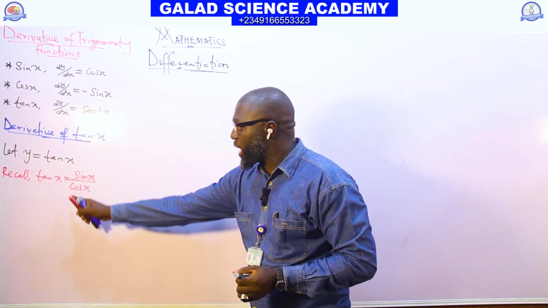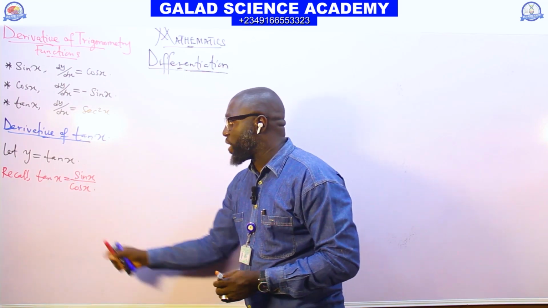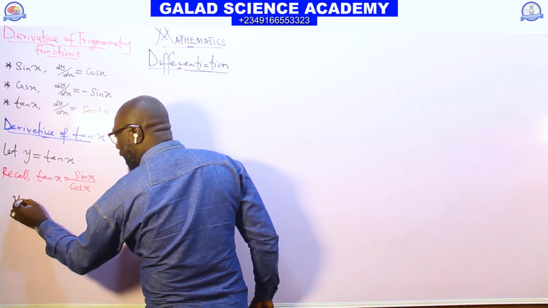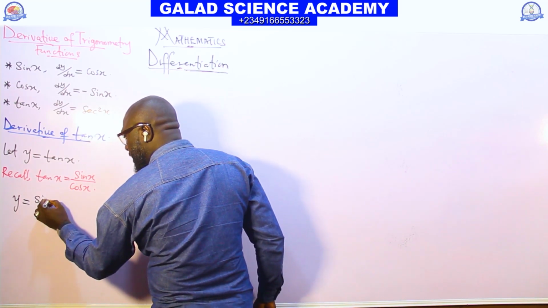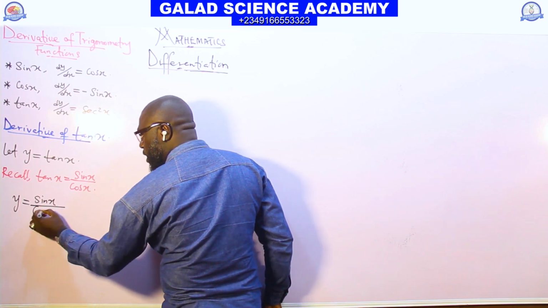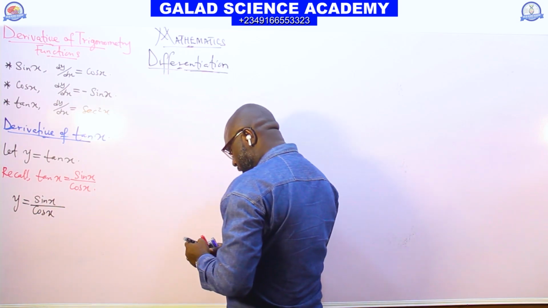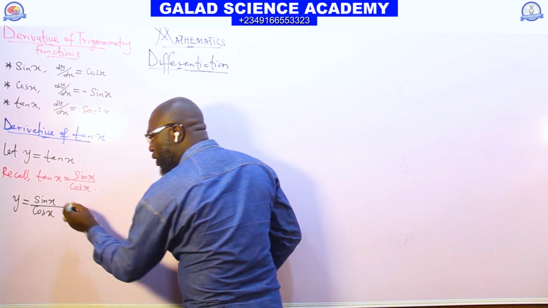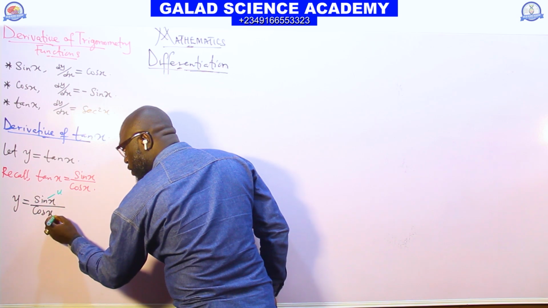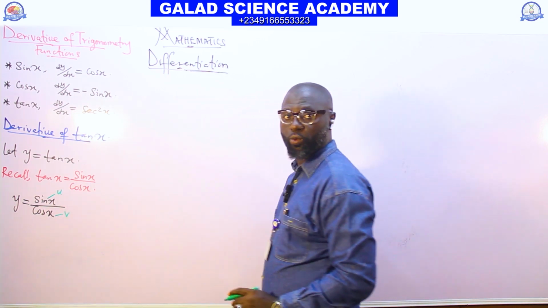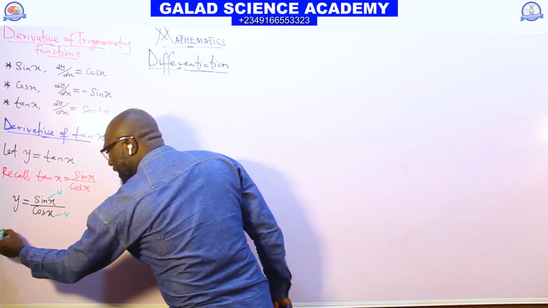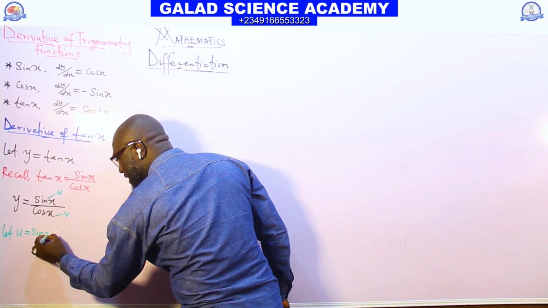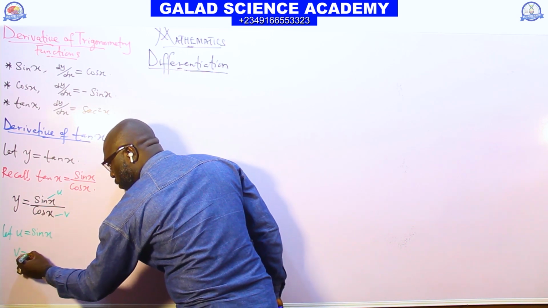Since tan x is sine over cos, this equation can be written as y equals sine x over cos x. In this form, one is u and one is v, so this is the quotient rule.